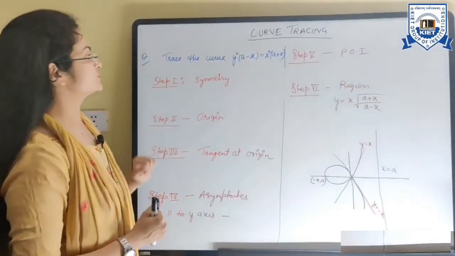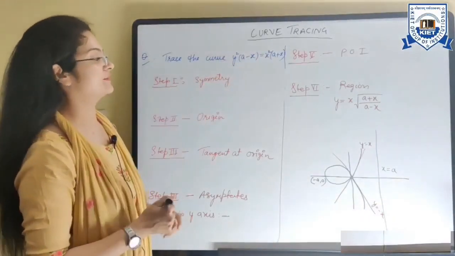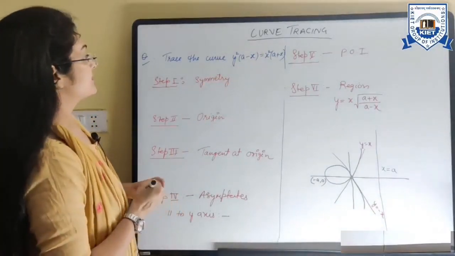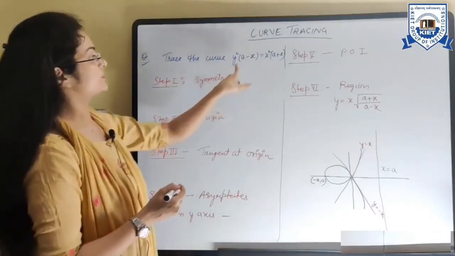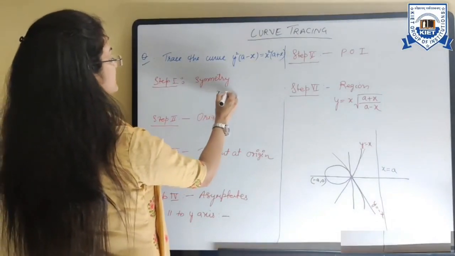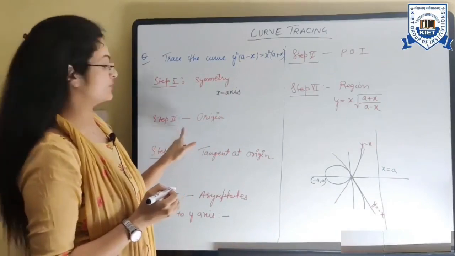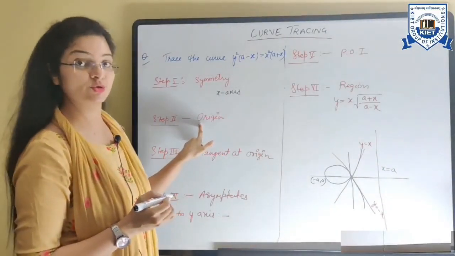Now the next question. We have to trace the curve y square into a minus x equal to x square into a plus x. For symmetry, as the equation contains even powers of y, the curve is symmetric about the x-axis. In step 2, we check whether the curve passes through the origin or not.